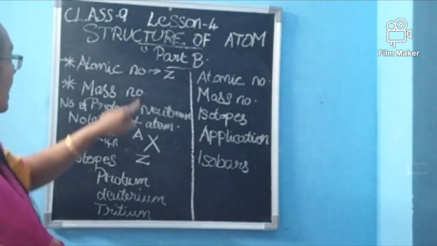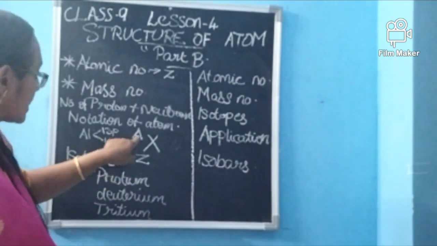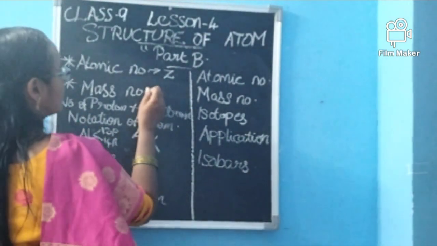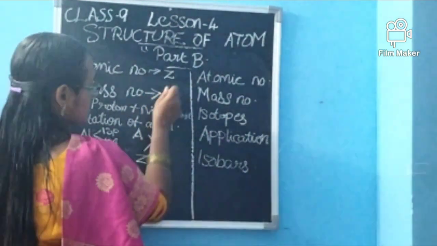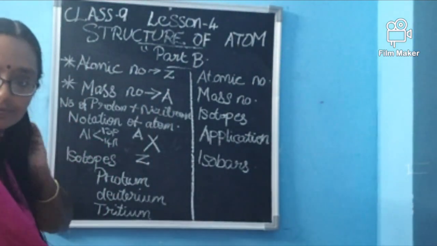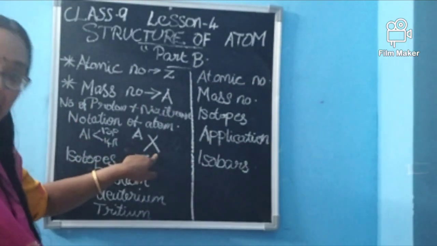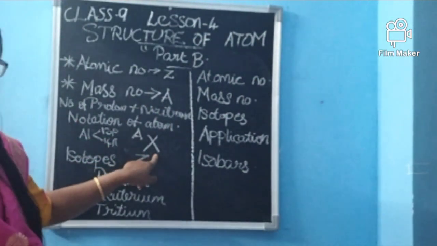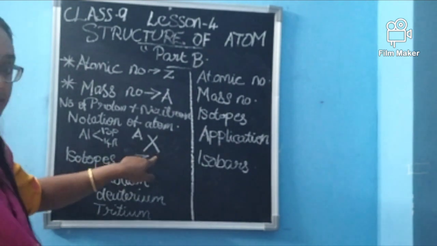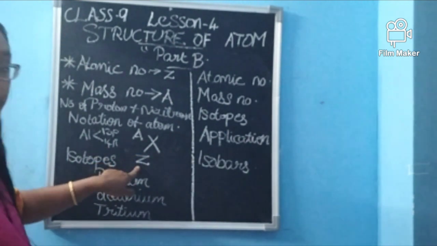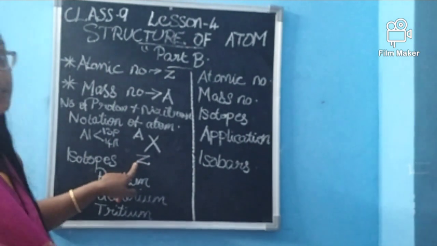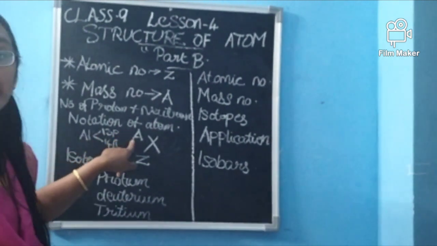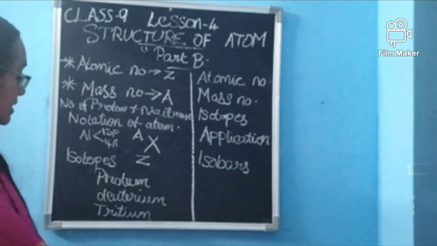Z is the atomic number. What is A here? A is the notation for mass number. What is X here? X is the symbol of the element. We have to write the symbol of the element. In the lower part we write the atomic number and in the upper part we write the mass number. Is it clear?